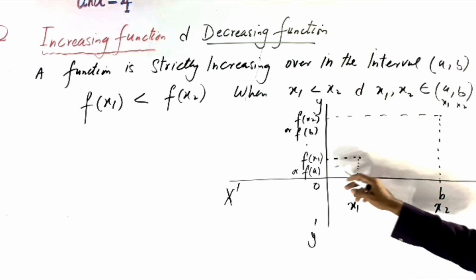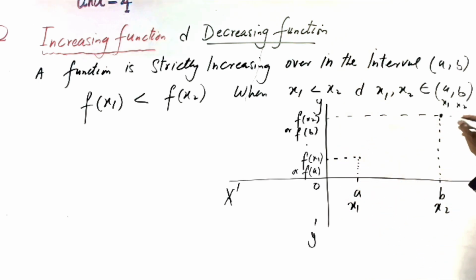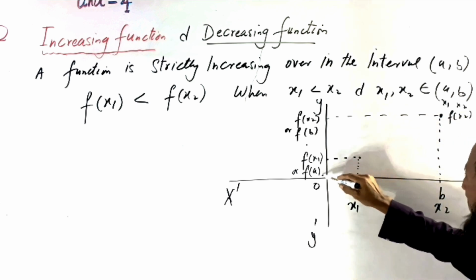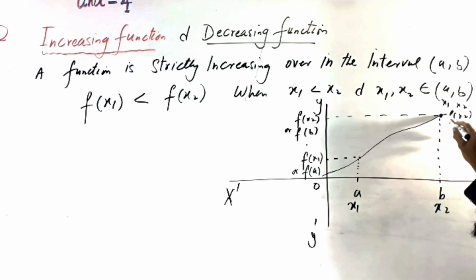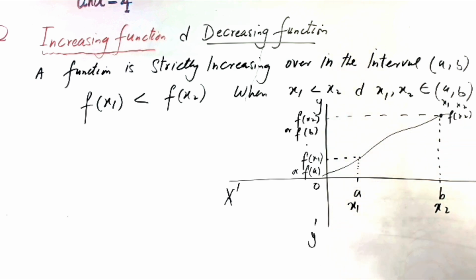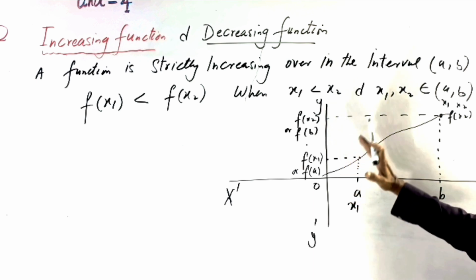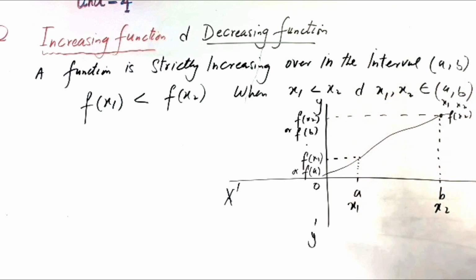So f of x1 must be less than f of x2, or f of b. So the function is strictly increasing from left to right.